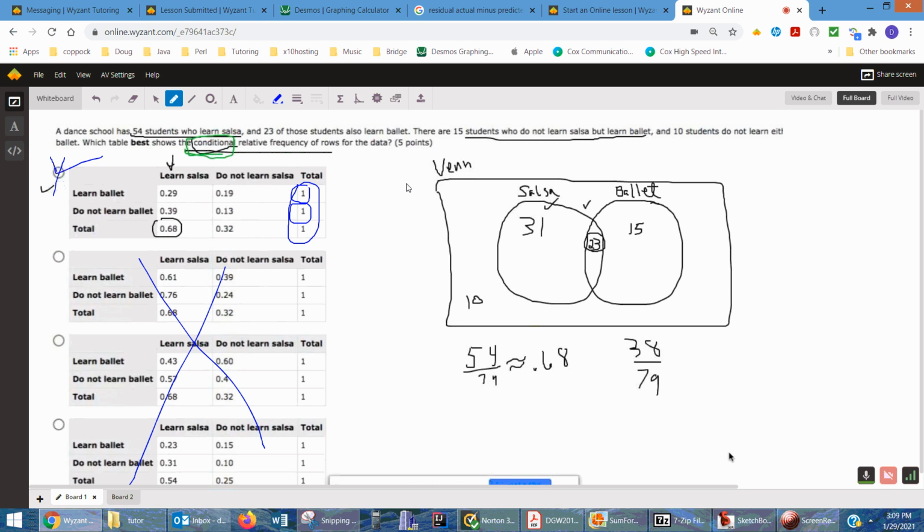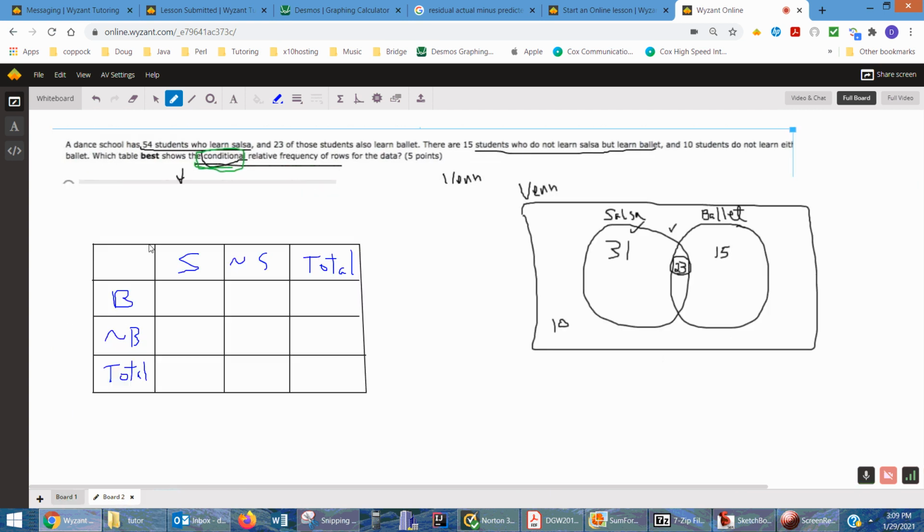None of the choices are 100% correct, but I'm going to show you how to fill in the table on this board right here. So let's just pretend we're going to fill in this table based on this Venn diagram, which we did correctly. And S stands for salsa, and this little tilde symbol means not salsa.